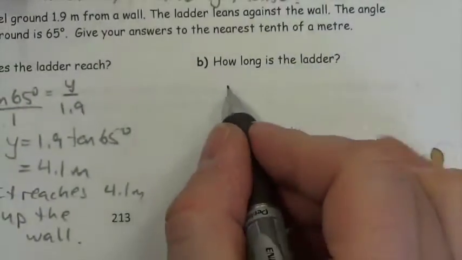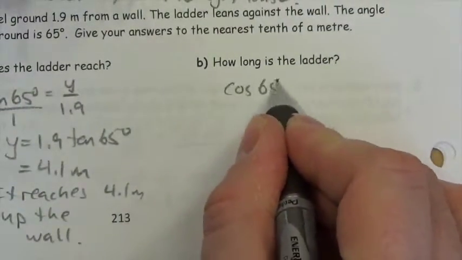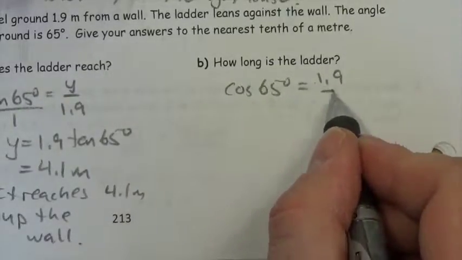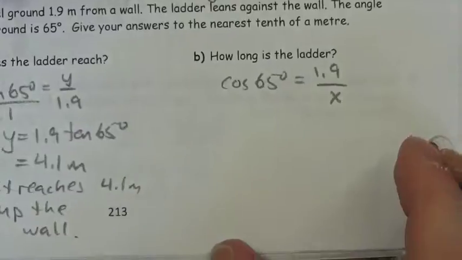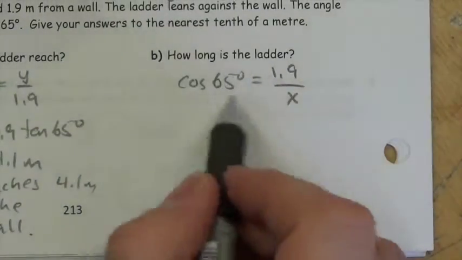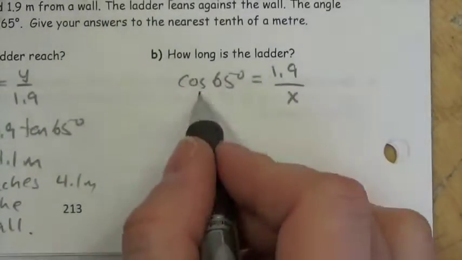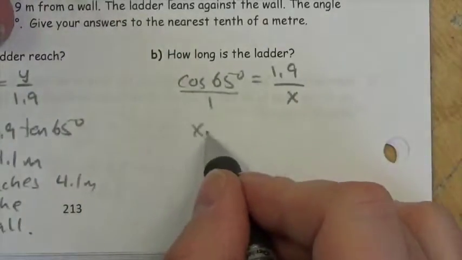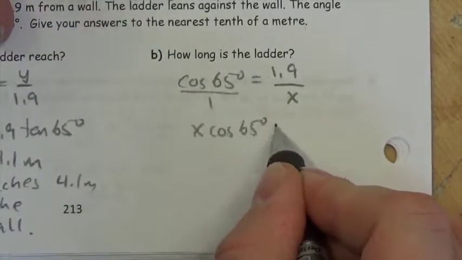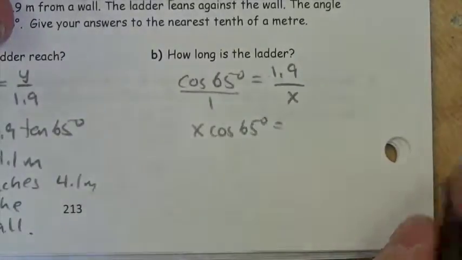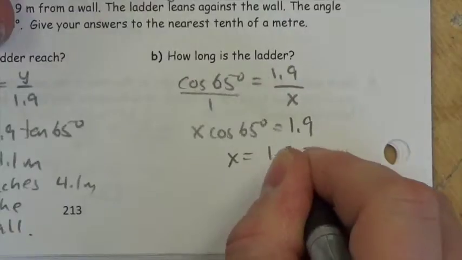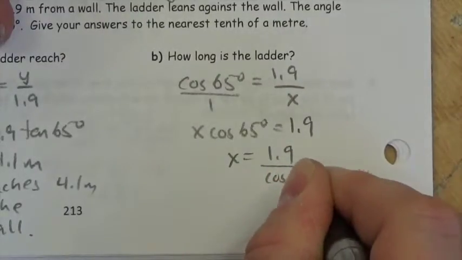So let's just look at the adjacent side and the hypotenuse, and think what ratio does that imply? Cosine. So the cosine of 65 degrees is going to be 1.9 over the hypotenuse x. The calculator already knows what that ratio is, and I'll get to that in a second. We'll make this over 1 first, because I've got to solve for x. So I'll cross multiply. x multiplied by the cosine of 65 will be 1 times 1.9. So x is 1.9 over the cosine of 65 degrees.